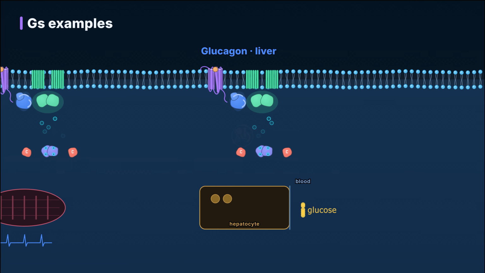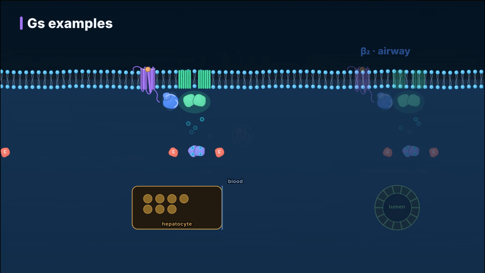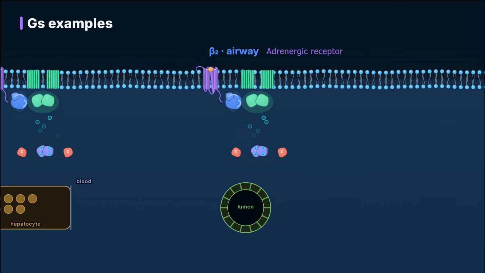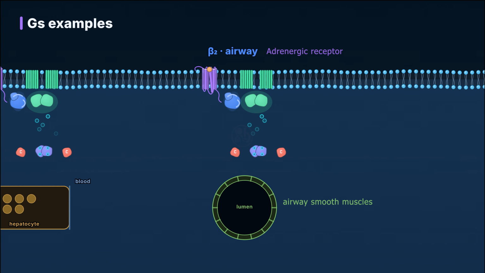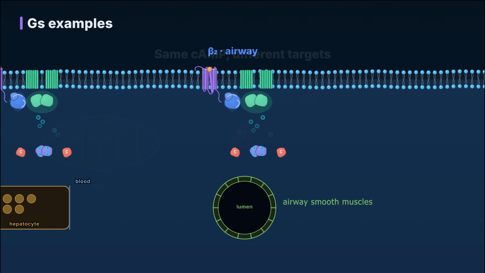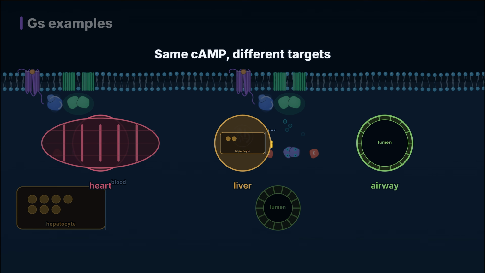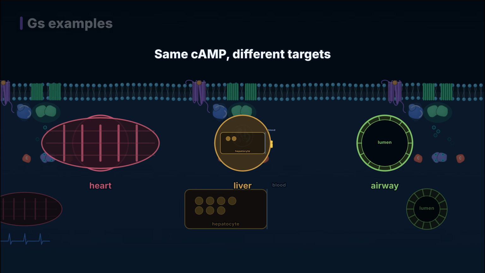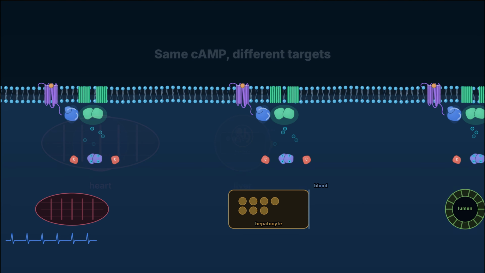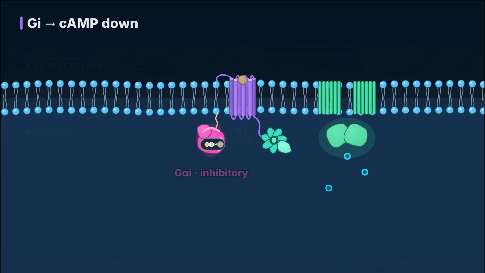They promote pathways that help release glucose during fasting. Beta-2 adrenergic receptors can activate GS in airway smooth muscle. Their cAMP-dependent effects favor relaxation, showing that the same messenger can produce different responses in different cells.